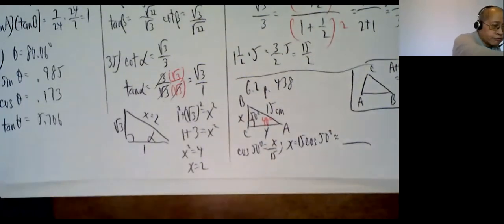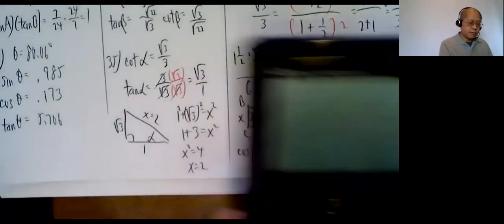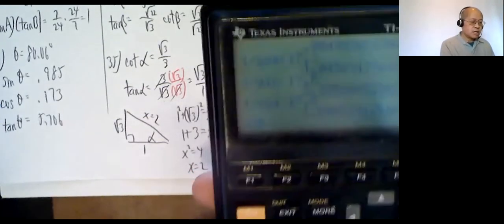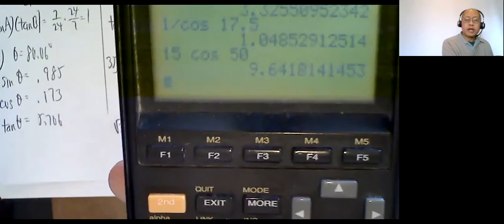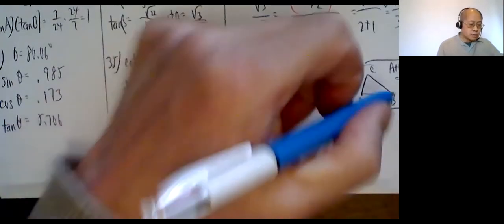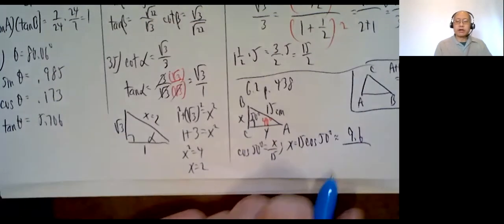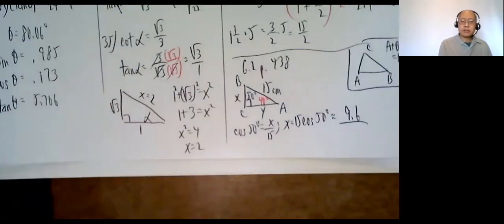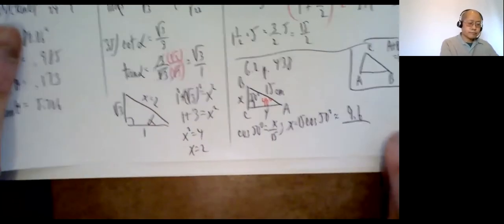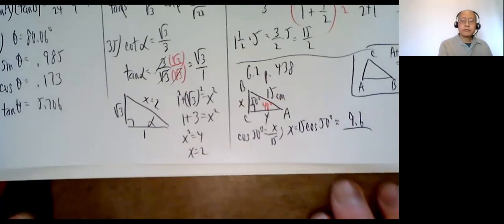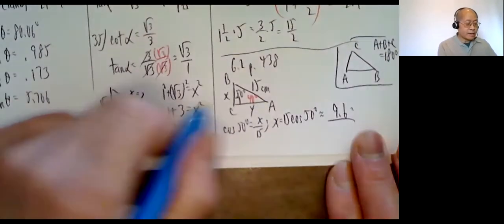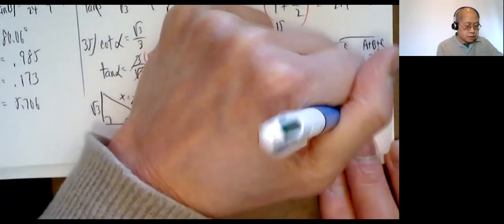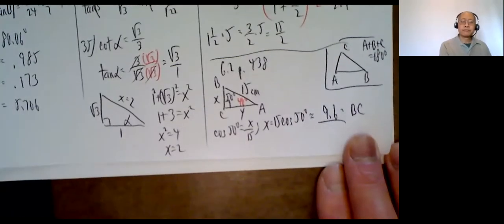So 15 cosine of 50, to 1 decimal place, would be 9.6. That's why I put the squiggly equal. 9.6. And they want that as the distance from B to C. It's distance BC.